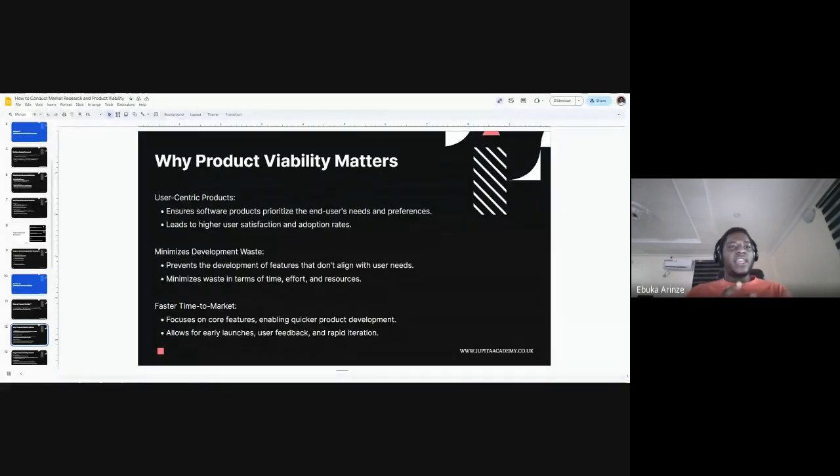This allows early launches, user feedback, and rapid iteration. When you are considering your product viability, you have the opportunity to get out there fast. If I'm building a car hailing service, all I basically need is for a user to be able to click on a button and get a car, and for that person to be able to see the request and accept it.